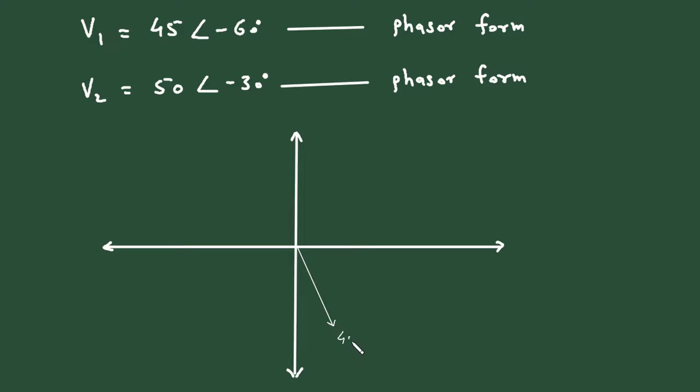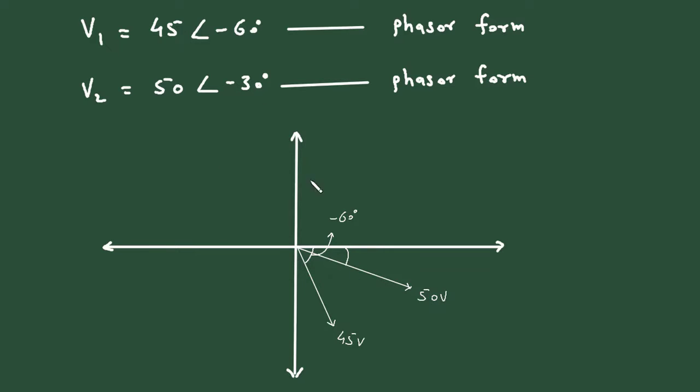And the value of V2 is 50 at an angle of minus 30 degree, so the angle will be somewhere here. Let's erase this 60 degree from here first and write it somewhere else. So it will be minus 60 degree, and now we draw minus 30 degree with an amplitude of 50 volts.